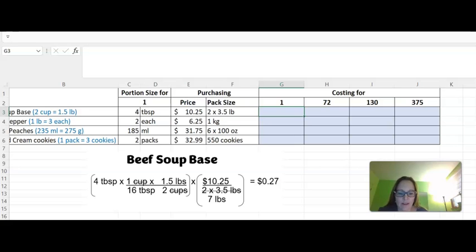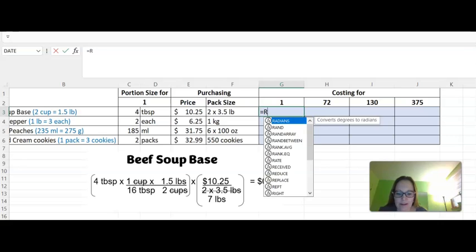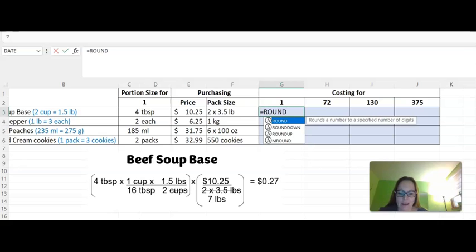So we're going to do equal sign, and then we're going to type round, and then open bracket, and press number 4. And then we're going to divide by our 16 again, and then multiply by our 1.5, and divide by our 2. And then we're going to multiply by our price per unit, and then we're going to divide by 7, and now we have to incorporate how many decimal places we want.